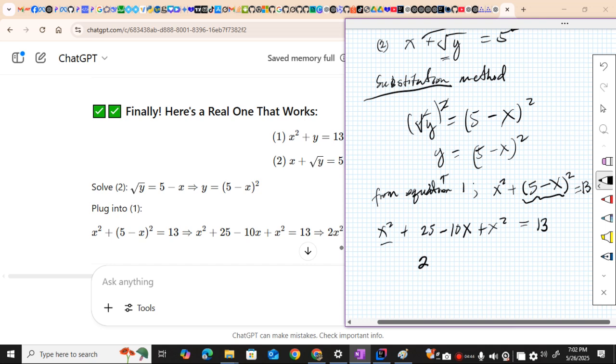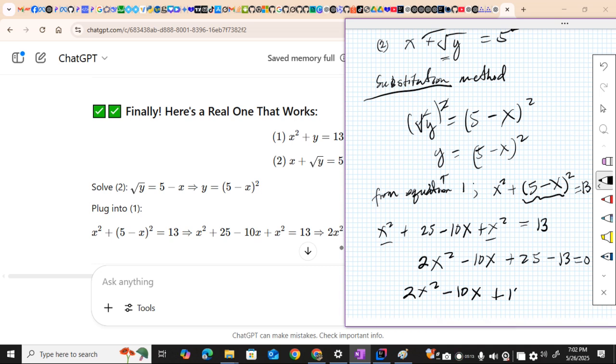So we combine the like terms, x squared, so it becomes 2x squared minus 10x, and this becomes positive 25 minus 13 equals 0. It looks familiar now. It's truly a quadratic equation. So 25 minus 13 will give you positive 12 equals 0.